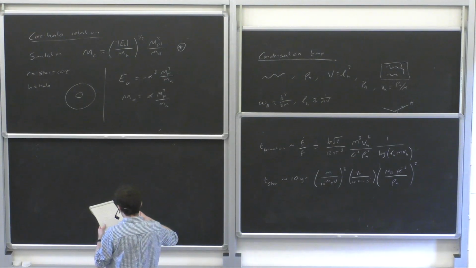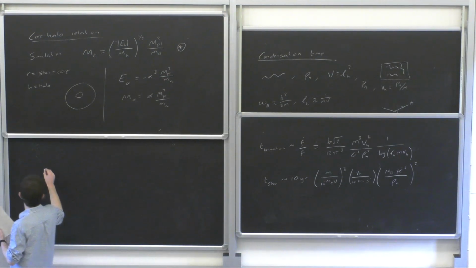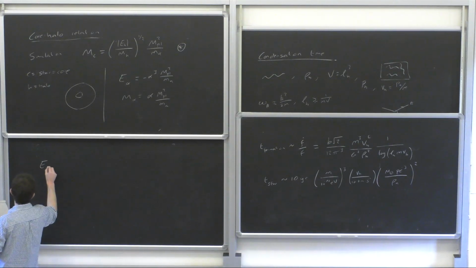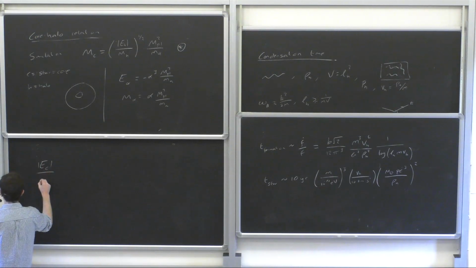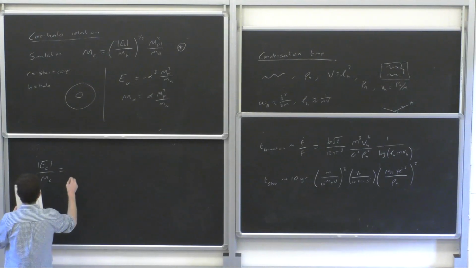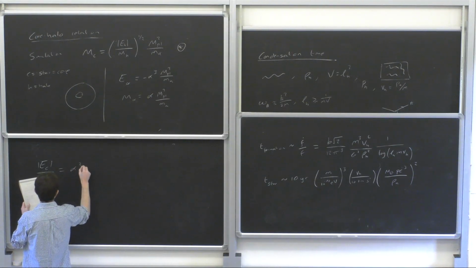Then, using that relation, we see that for any given axion star solution, its energy, absolute value, just to avoid minus signs, over its mass is equal to alpha squared.